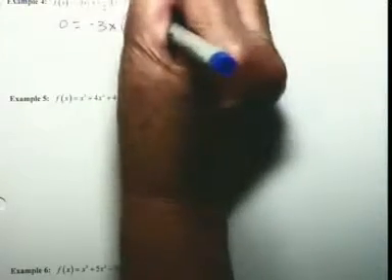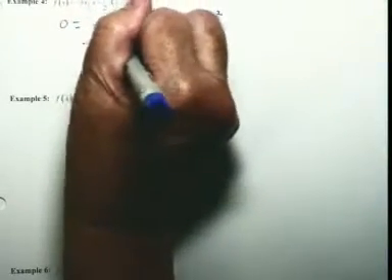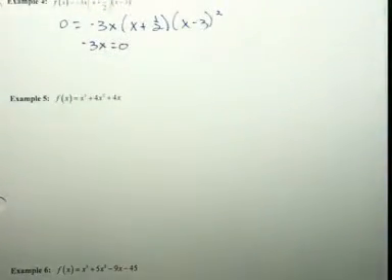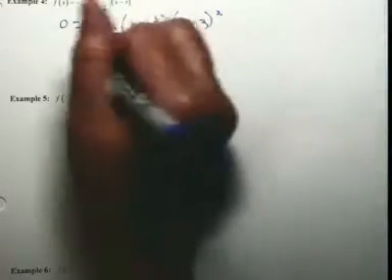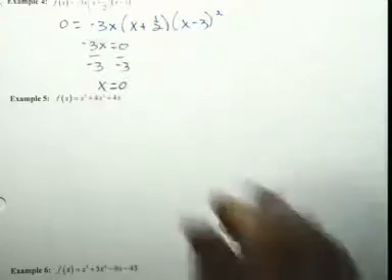Again, to find the zeros, we start off letting it equal to 0. Now, if there is an x, that does give us an answer. When I divide by -3, I do get x equals 0.